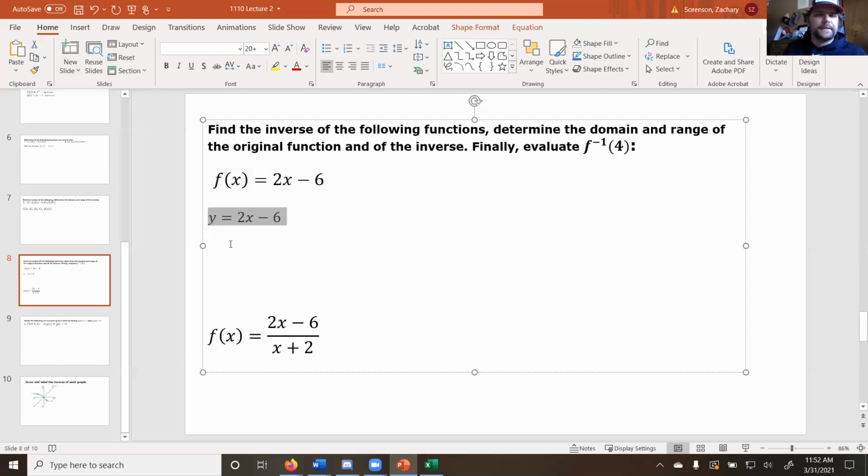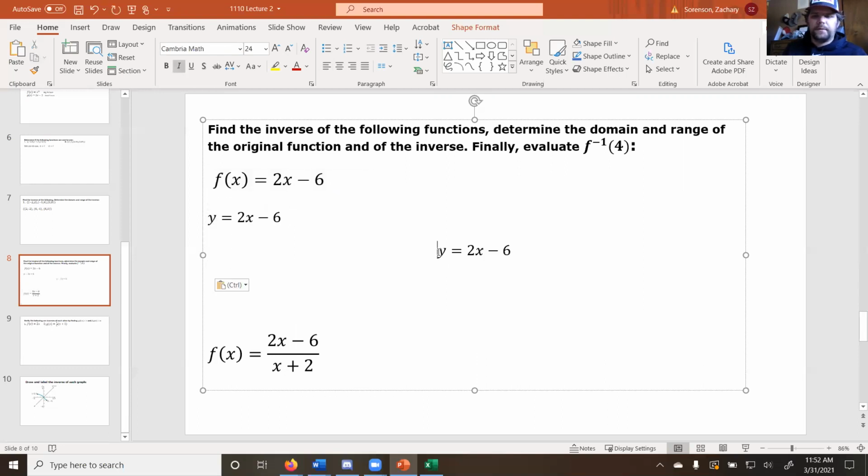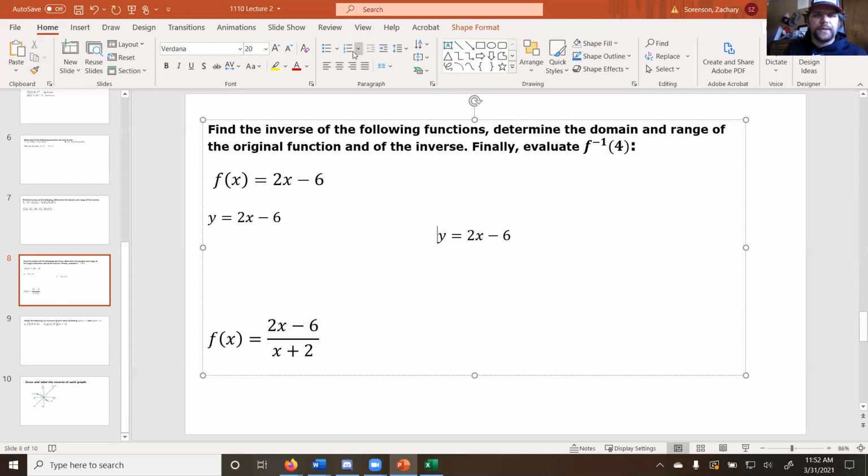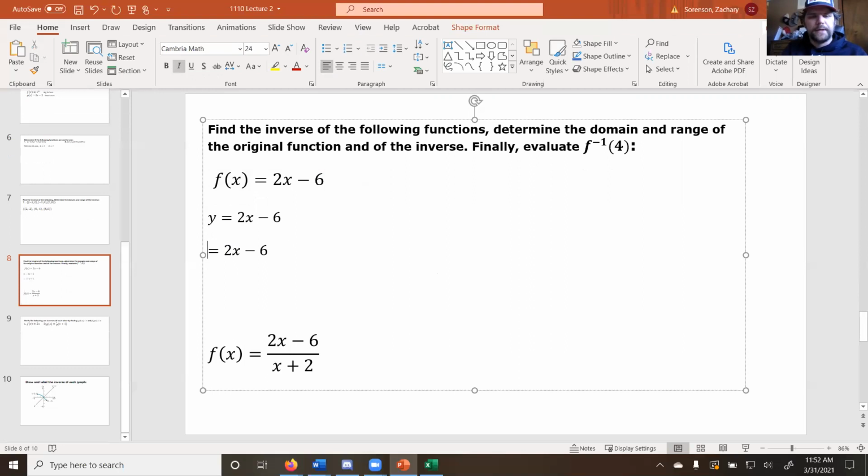This step is not technically mathematical, but I'm trying to undo this function. If I undo this function, I should be able to take an output and get the result of what my input is. So flip it. All I did was take my x and my y and put them in opposite places. And now at this point, I just solve for y.